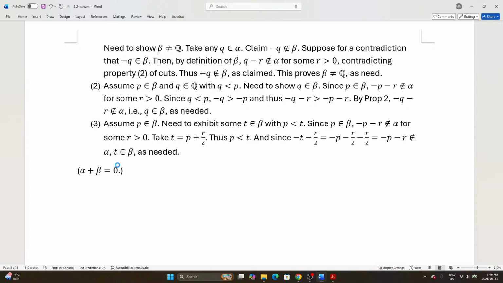Let's prove the first direction, and then the opposite direction. So let's prove the first direction first.